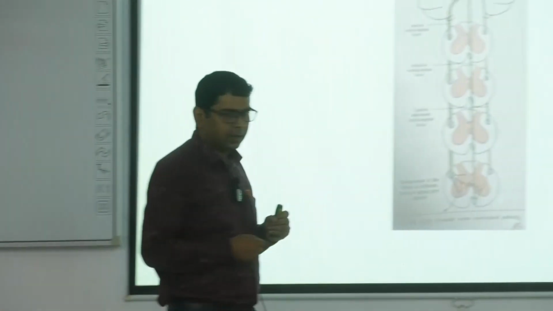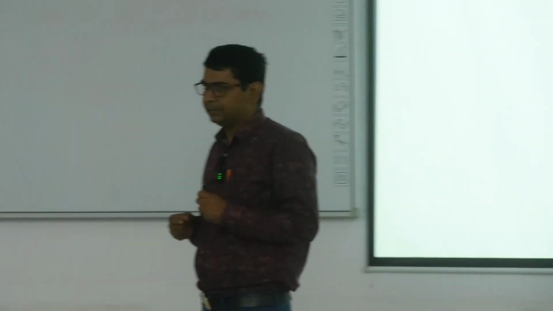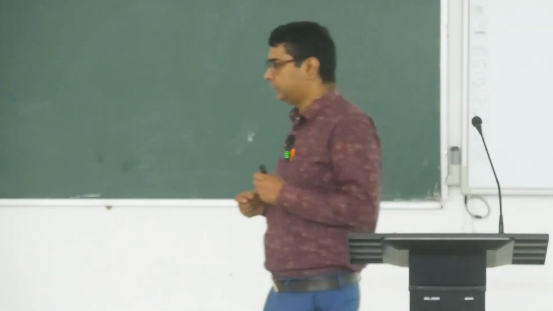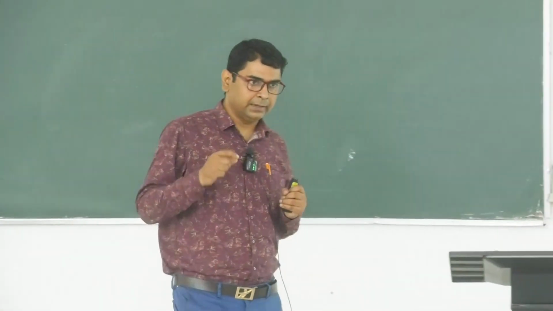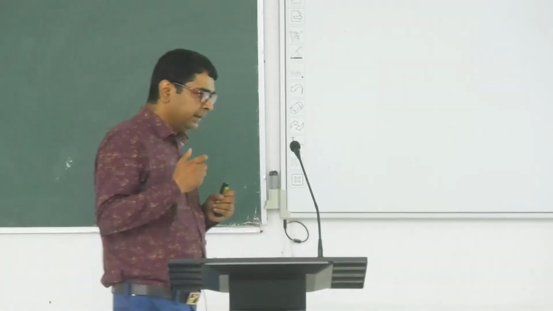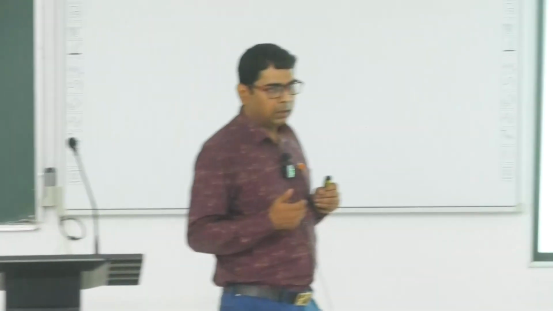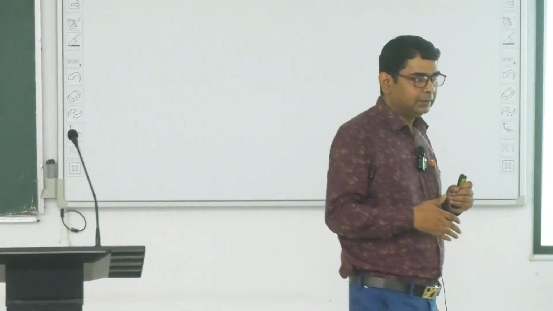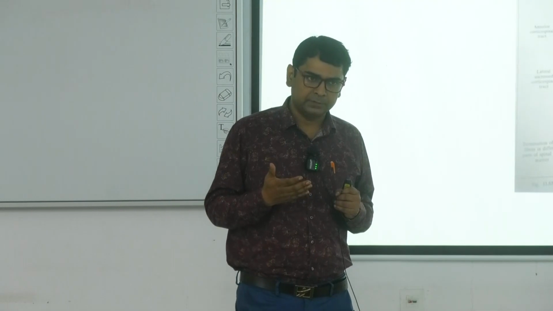Pure pyramidal tract lesions are seen in the Babinski sign. What is the Babinski sign? They will ask in the exam. In normal plantar response, what do you get? Flexion of the great toe and fanning of the other toes. And in the Babinski sign, there is extension of the great toe and fanning of the other toes. That is called Babinski sign positive.